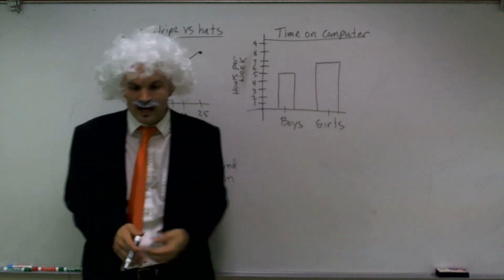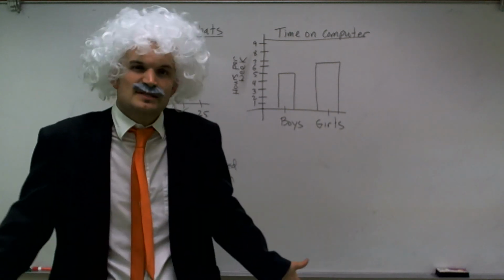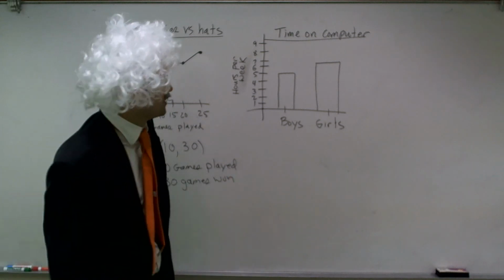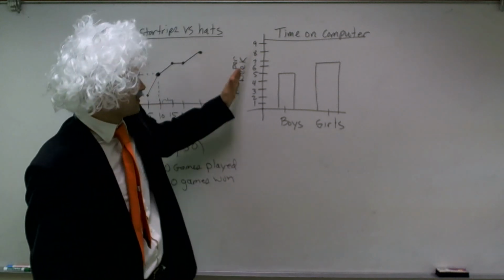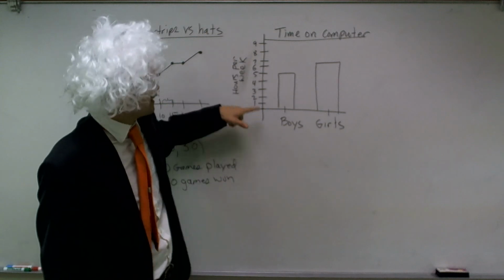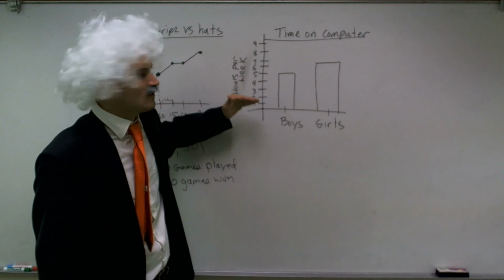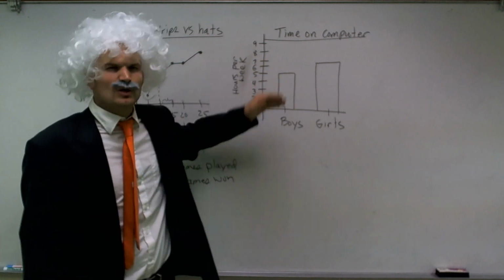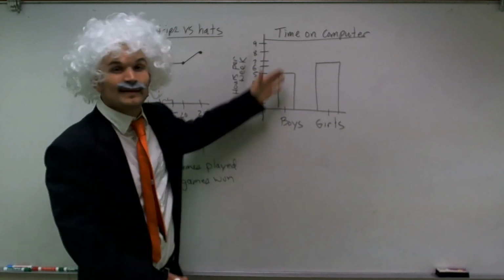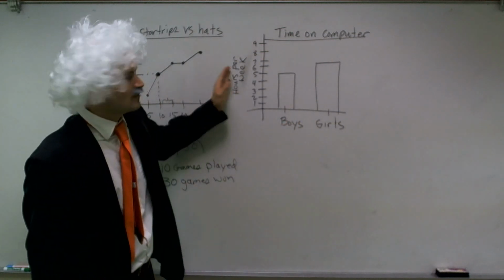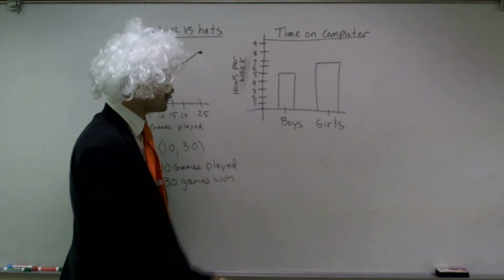Now, another type of graph that I want to look at is just a bar graph, just to help us determine how to read graphs. Well, for this graph, it says hours per week. That's on your vertical axis. So these numbers, which are going up by 1s, mean the number of hours somebody is on the computer. Why did I know it was on the computer? Well, that was the title, the time on the computer. So the hours per week on the computer.